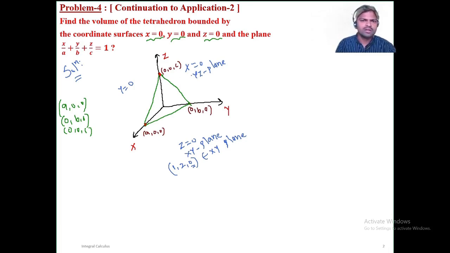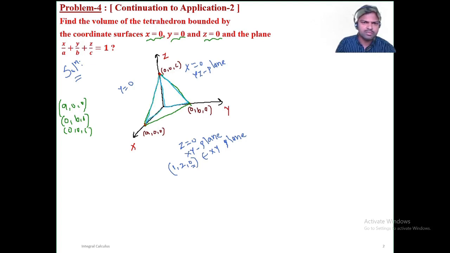Now look at the plane, this plane intersecting yz plane at which portion? At this portion, right? So this is a common portion. This plane intersecting x is equal to 0 plane at this portion, therefore this is common. Next, this plane intersecting y is equal to 0, therefore common portion is this.